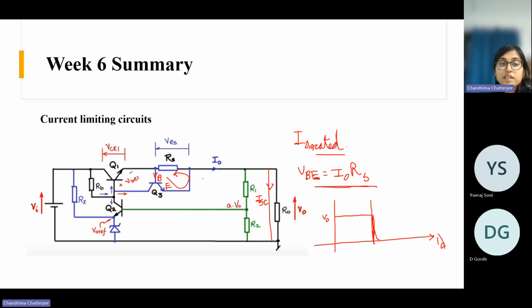Yeah. So we were discussing this current limiting circuit.